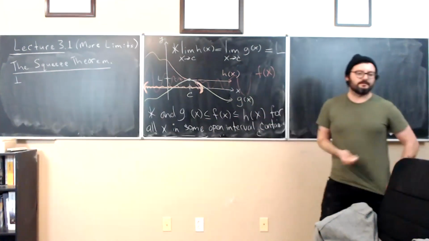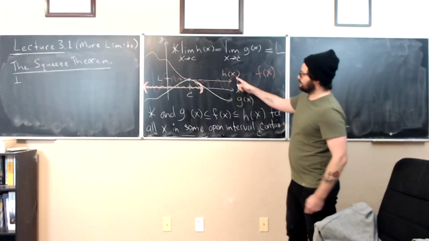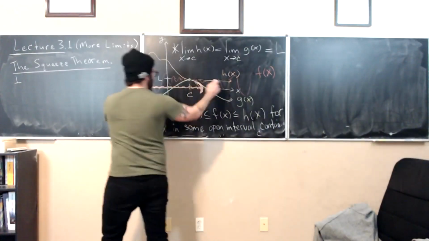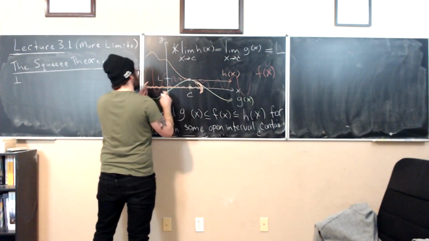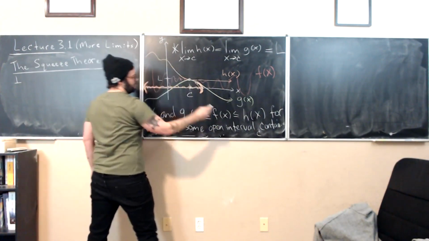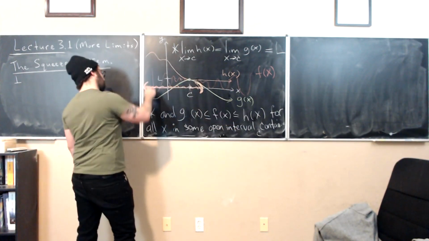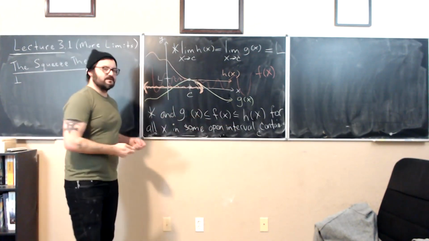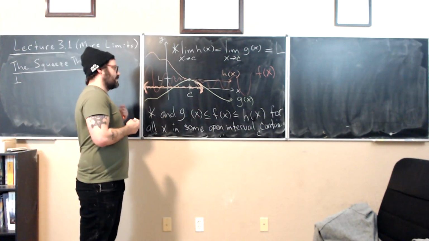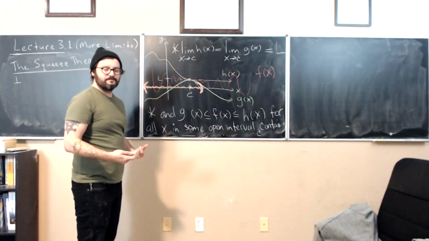That's what this picture is saying, right? F is here. Outside of this interval right here, it can do whatever it wants to. But in this interval containing this value c, it's always at most h and at least g. So what can we expect about the limiting value as x approaches c for f?